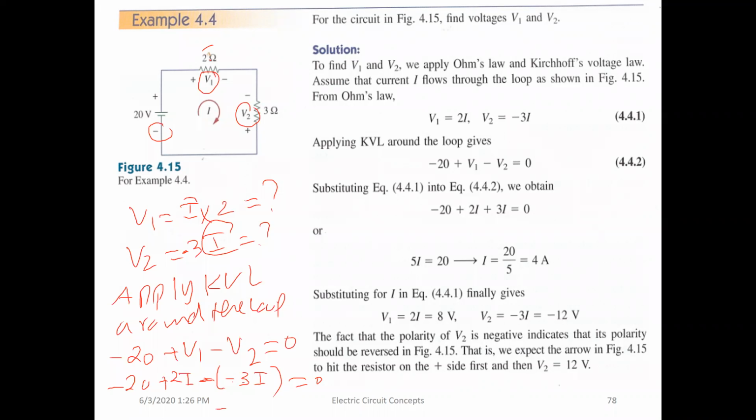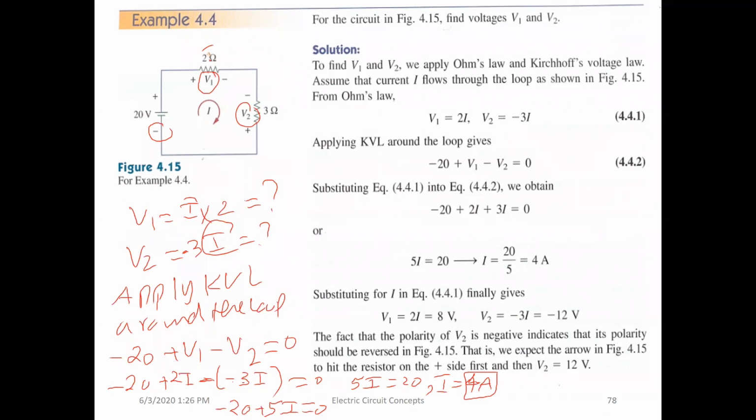So it will be minus 20 plus 5I equal to 0, or 5I equal to 20, or I equal to 4 amps.